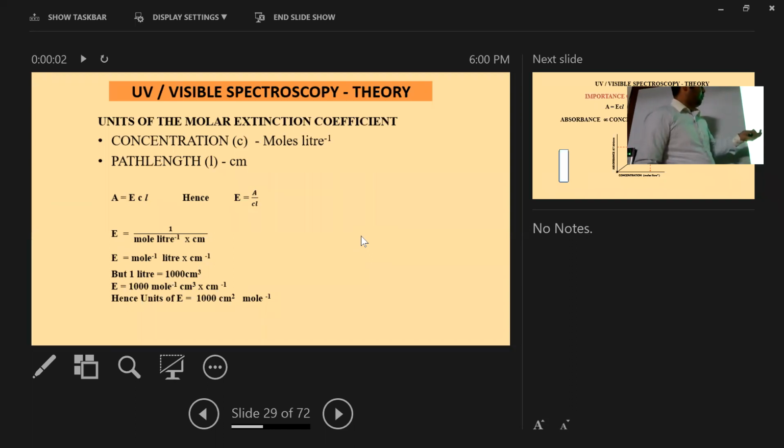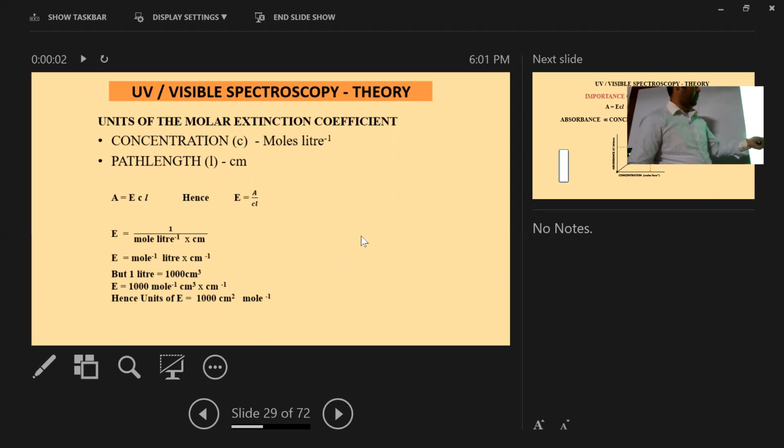Okay, so mole per liter, centimeter. If you take it out, you are getting mole per liter, and per centimeter. So 1 liter equals 1000 cm cube. So we can make it 1000 cm cube per mole, cm minus 1.